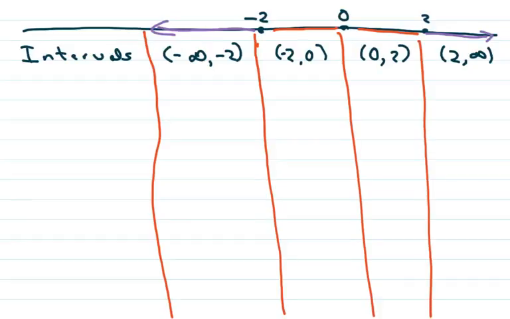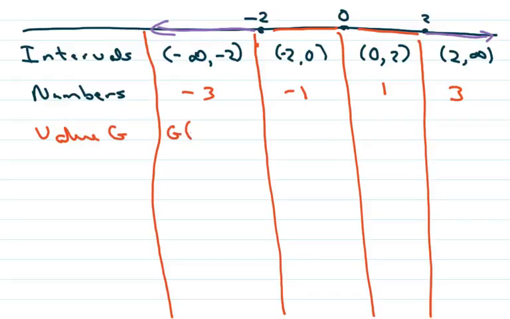I'm going to pick points. I'll pick some numbers. I'm going to pick -3, -1, 1, and 3, and then evaluate g.